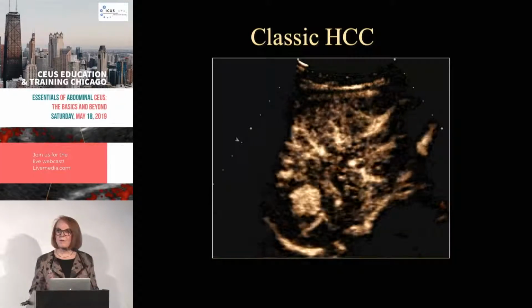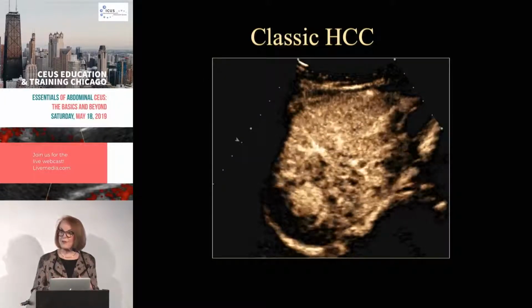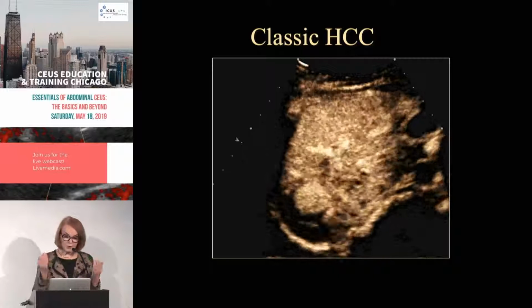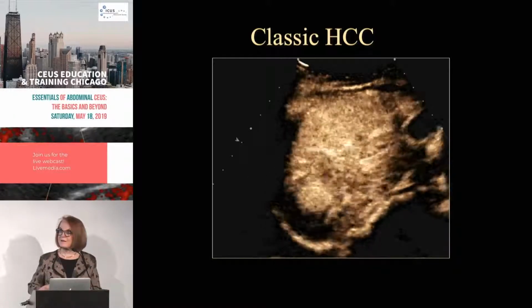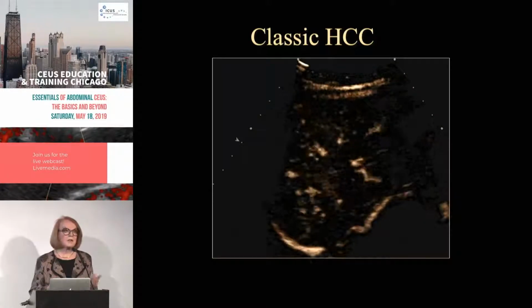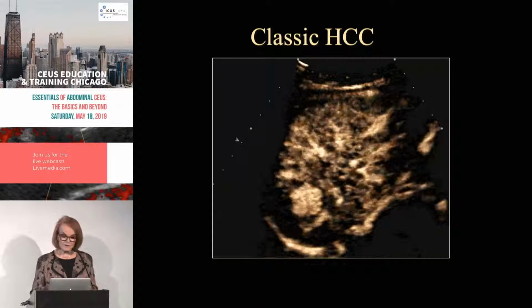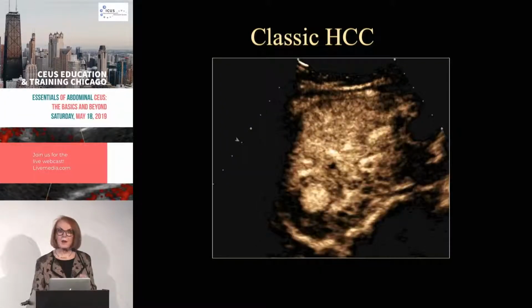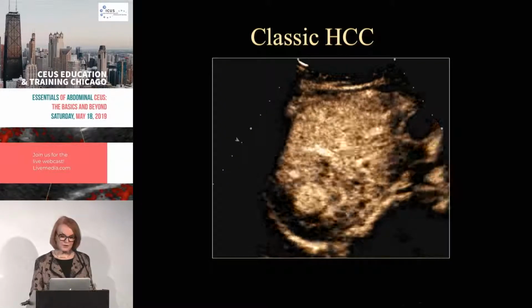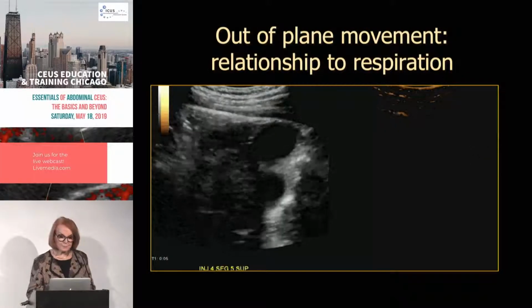One of the very best ways to do a contrast ultrasound is such as here, where we can really get right on top of the mass. We can sit nicely on it. And although the patient is breathing in and out, she's comfortable. She's not bothered by us doing the scan. And we can see the mass absolutely beautifully. So in most patients, a normal amount of respiration is not problematic.